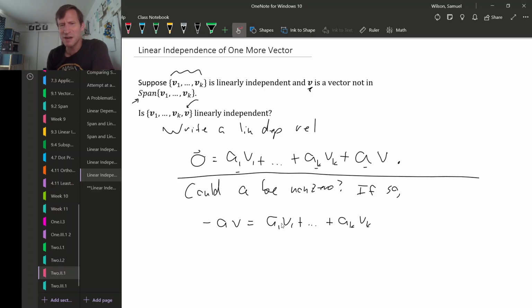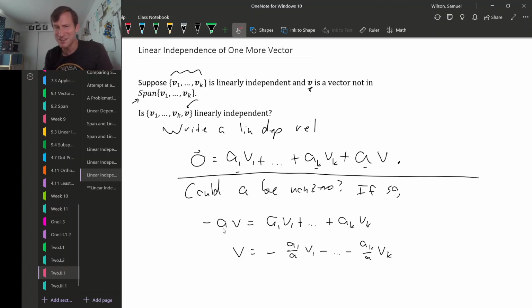But then we can divide both sides by minus a. That gives us v equals minus a1 over a times v1 plus dot dot dot plus minus ak over a times vk.